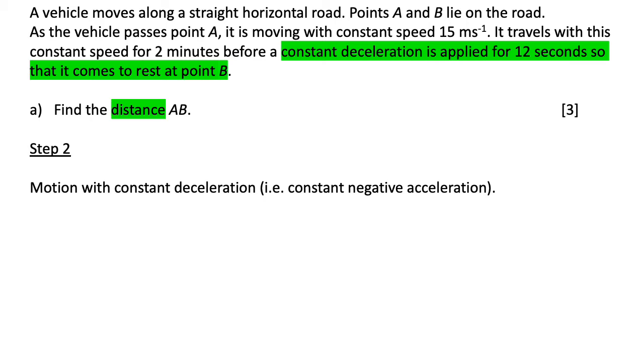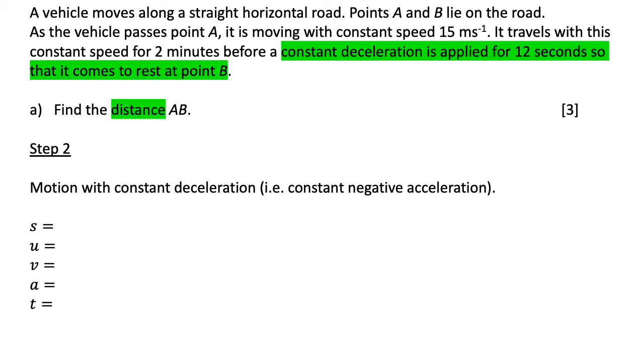Okay, and now you've got to make a connection with something that you've learned as part of the Unit 2 mechanics specification. I should recognise now that motion with constant acceleration is analysed using the SUVAT formulae. So here's how I would set out SUVAT.